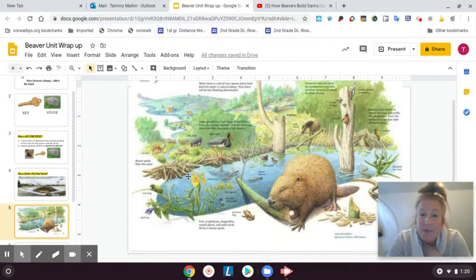The sticks that they build their dam with actually act as a filter for the water. So the water from the pond goes through the dam and it gets filtered, meaning that rocks, mud, sediment, and debris get stuck in the beaver dam.